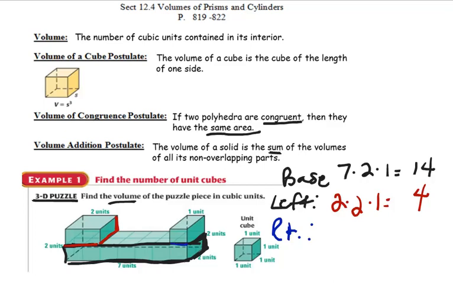And the right side, 1, back 2 units, and up 1. So 1 times 2 times 1. And that's going to be 2. And so the volume of this, if I add up all of the pieces, is going to be 20 units cubed. Volume is a cubed unit. We were doing area, which was squared. Now we're in volume, which is a cubed unit.